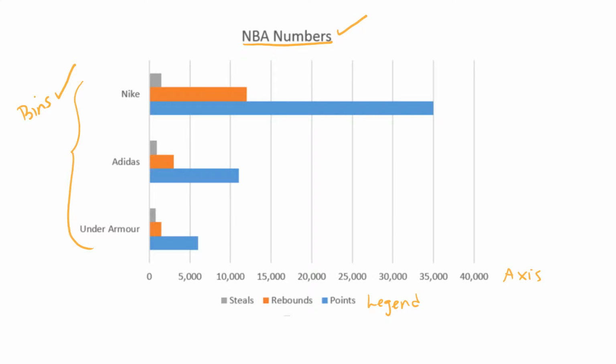If you look at how large the blue bar is at the top, Nike, it dominates. It is way longer than all the others, and it's way longer in all categories except for the steals.